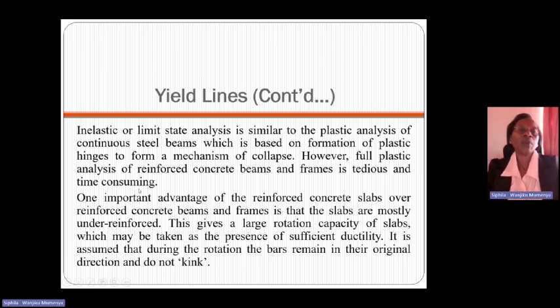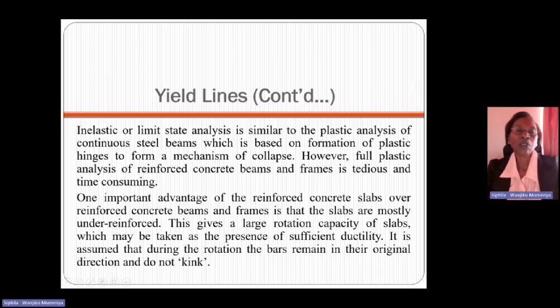Now, inelastic or limit state analysis is similar to the plastic analysis of continuous steel beams, which is based on formation of plastic hinges, which enable the formation of a mechanism of collapse. However, full plastic analysis of reinforced concrete beams and frames is tedious and time-consuming.